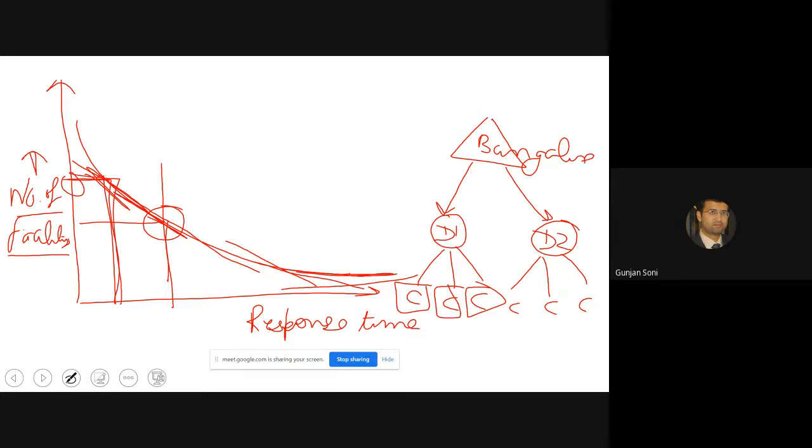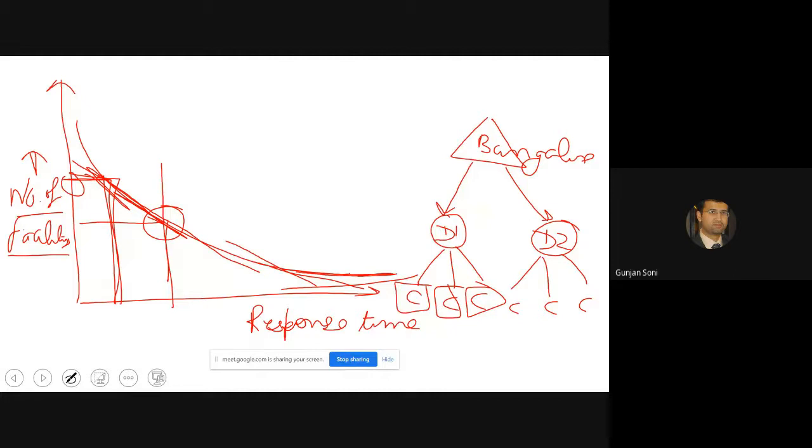If I can find out the number of facilities that I should have, it is going to give me that. Now there was a time when there was a store called Borders, a bookstore in the US. They were selling books, and they had physical stores. They had around 400 stores across the United States.